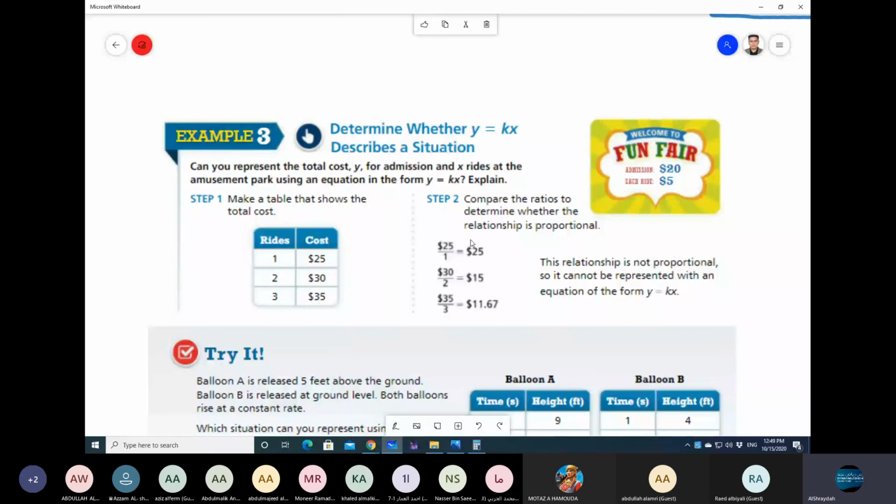Okay, do you understand it? So first you have to check if we have a proportional relationship between the two quantities. Then you can decide whether we can represent the relationship with an equation of the form y equals kx.